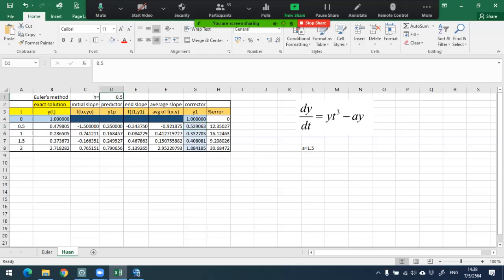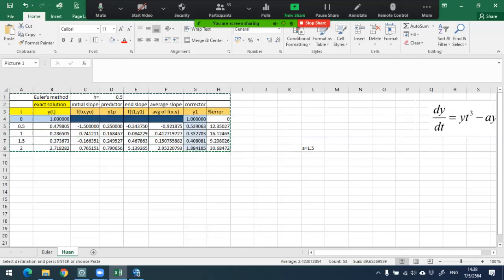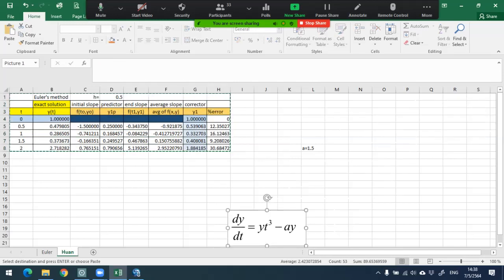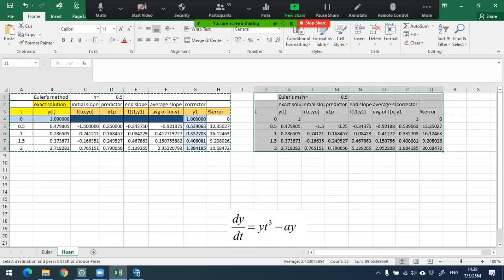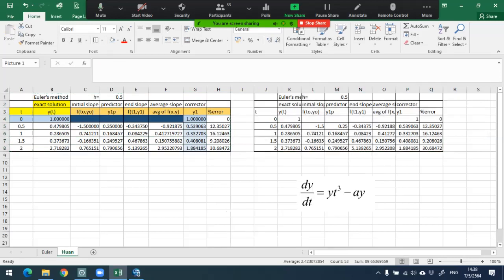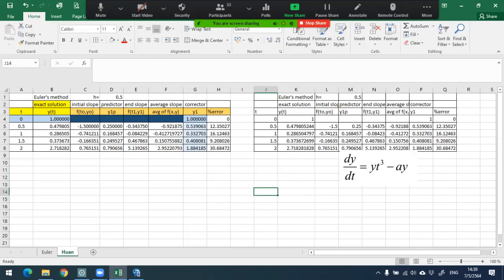Okay, so if we change the step size, maybe just 0.5 first. If I copy first to back up the solution. It's for the backup solution. Okay, and then if I change the step size, reduce it to just 0.1, what happened?